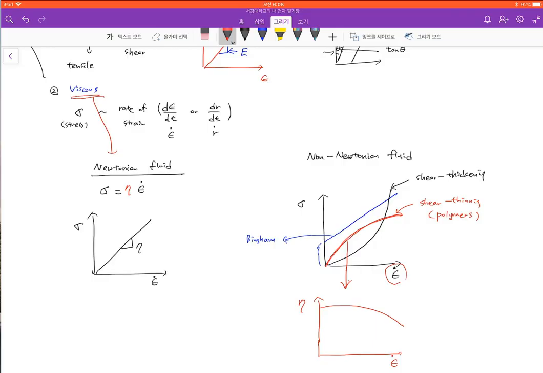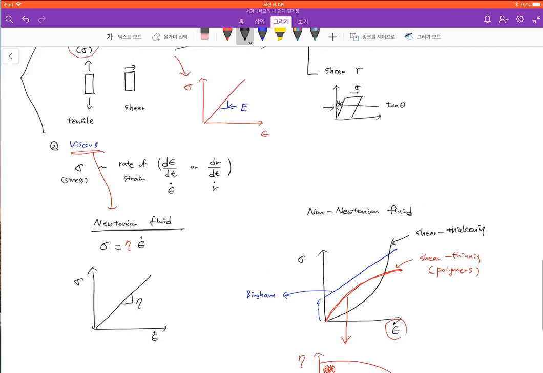The reason why is very simple. Before applying strain, polymers will look like this. But after applying a certain strain, polymers will be somewhat stretched, right? So it shows relatively small viscosity. It can move more freely than before applying a strain.